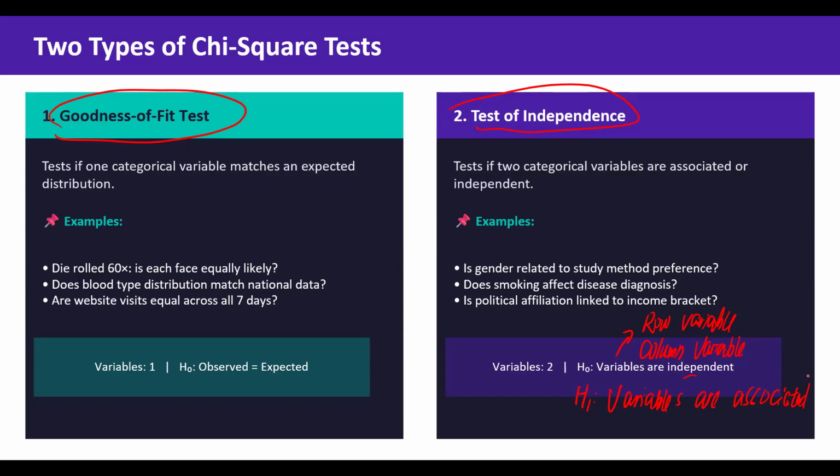For the goodness of fit test, H0 is that the observed distribution equals the expected distribution. If that's the case, then it's a good fit, meaning this data set is a good fit.